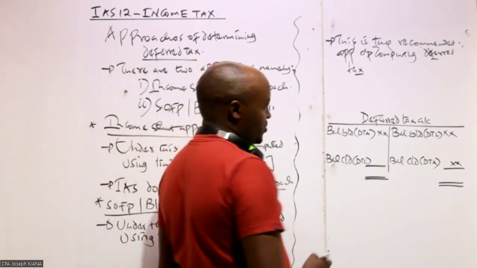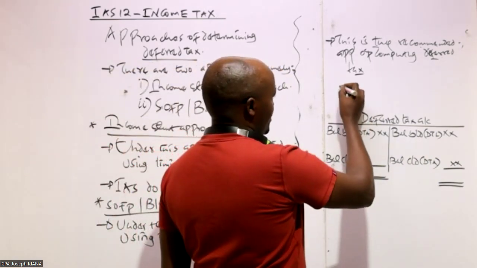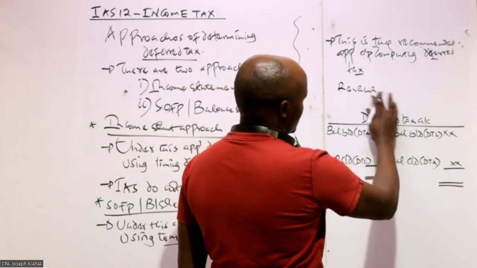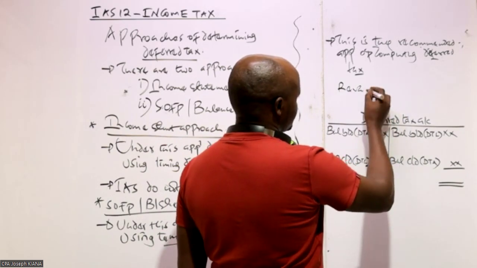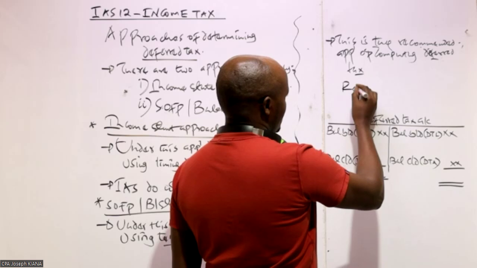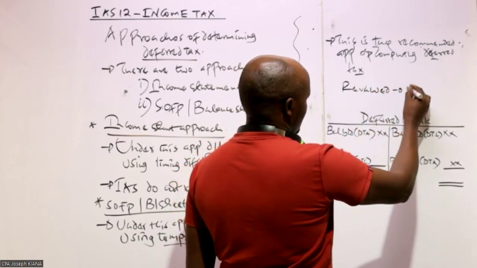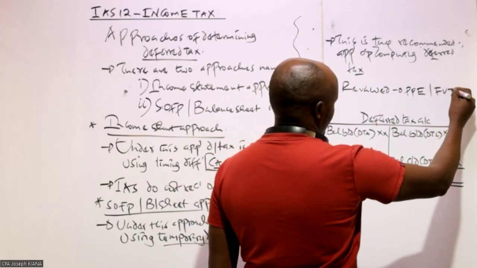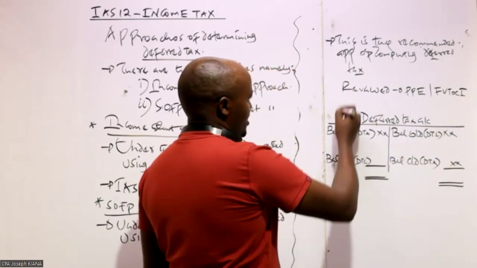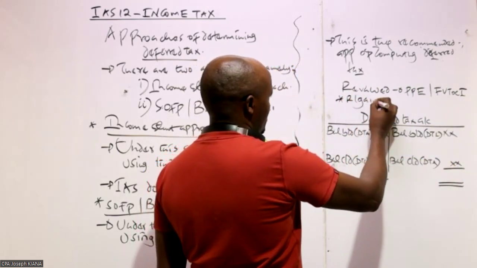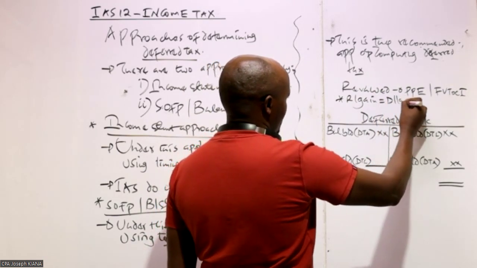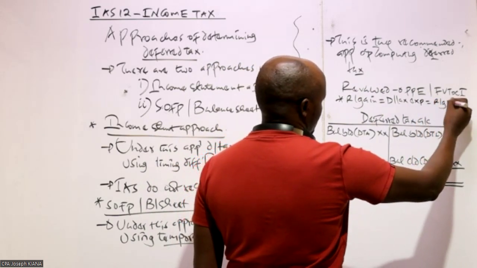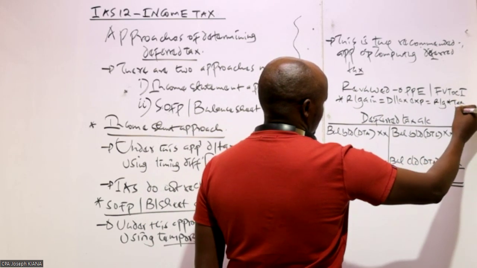There is something also which we record here. In case the company revalued either the property, plant and equipment or financial assets at fair value through other comprehensive income, and that resulted in a revaluation gain, then we compute a deferred tax expense, which is equal to the revaluation gain times the tax rate.